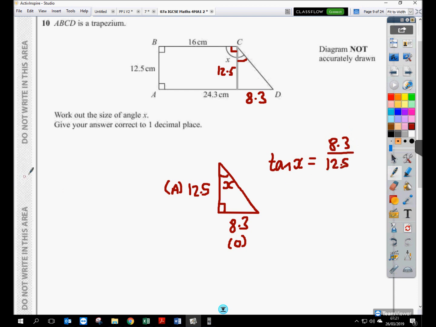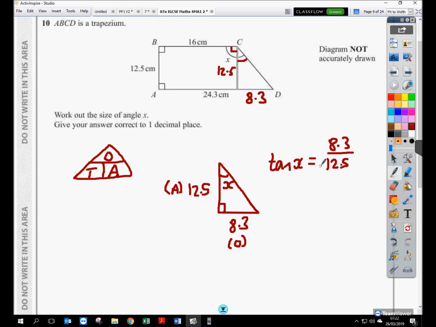Now what you normally do is draw the TOA triangle. Tan of x is equal to O over A. You cover the T, and underneath your hand it will say tan x. So tan x equals 8.3 over 12.5, opposite over adjacent.